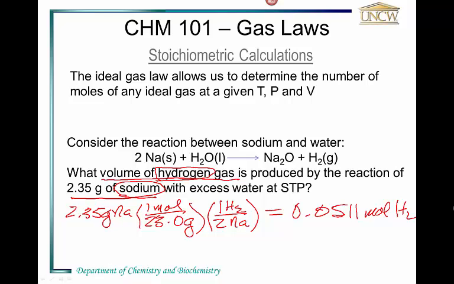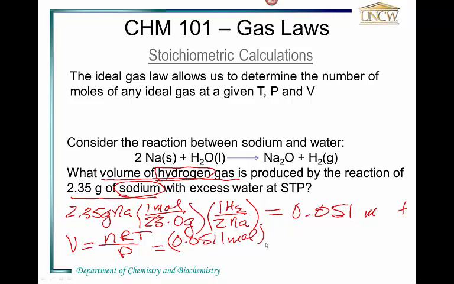However, now we want to know not the mass of hydrogen, which would normally be what we would do, but rather the volume of hydrogen. And as you just observed, V is going to be nRT over P. Well, we know the moles, it's 0.0511 moles. We know R, it's 0.0821 liter atmospheres per mole Kelvin.